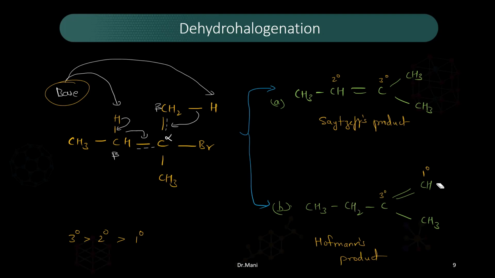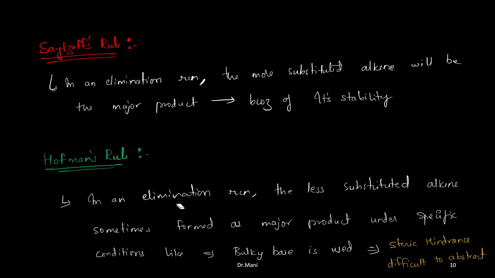But here it can easily abstract as it is present at the end, at the terminal. So that's what the Hofmann rule says. This is only under conditions. So in an elimination reaction, the less substituted alkene is sometimes formed as the major product under specific conditions. What are those? When you have a bulky base. That's due to steric hindrance. Is that clear?